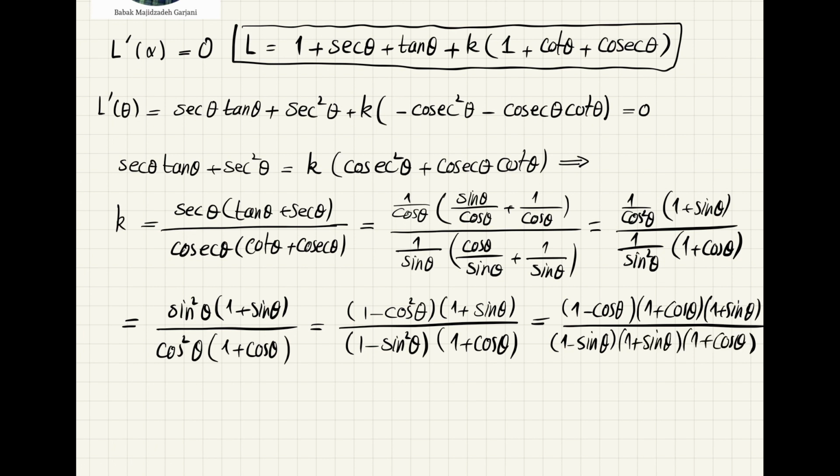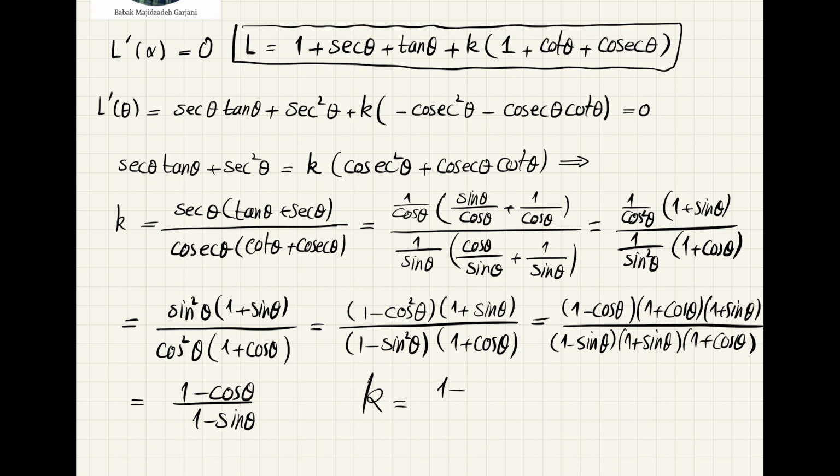So this one and this one are simplified, and this one and that one are also simplified. What is left is exactly the part that I need. So this becomes 1 minus cosine theta divided by 1 minus sine theta. So the k value is exactly this one.